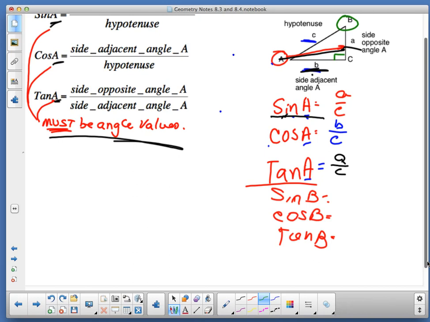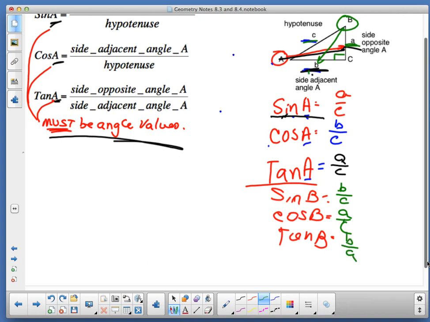I look at the sine of B. Okay, now opposite angle B is side B over hypotenuse, because sine is SOH, S-O-H. CAH is adjacent over hypotenuse. So cosine, adjacent over hypotenuse, A over C. And then I've got tangent of B. Tangent is opposite over adjacent, which is B over A.